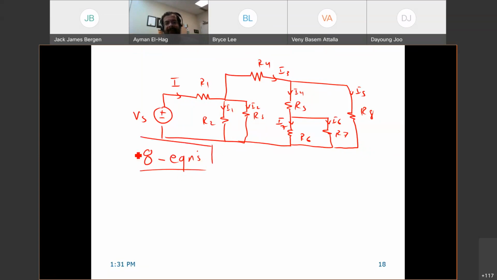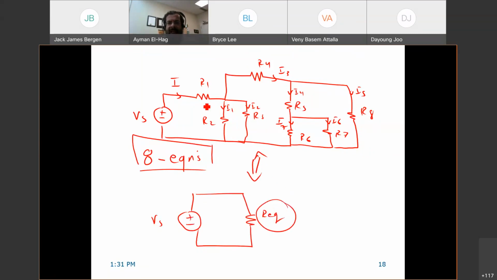But what if I can reduce this whole circuit and make it something like this? My Vs as it is, and instead of all these resistors, I will have just one. I will call it R equivalent. So this resistance is equivalent to all of this.